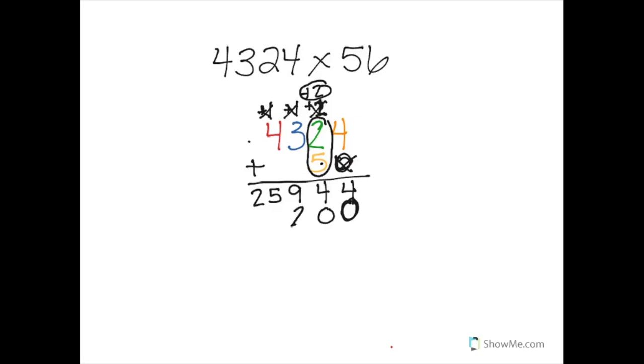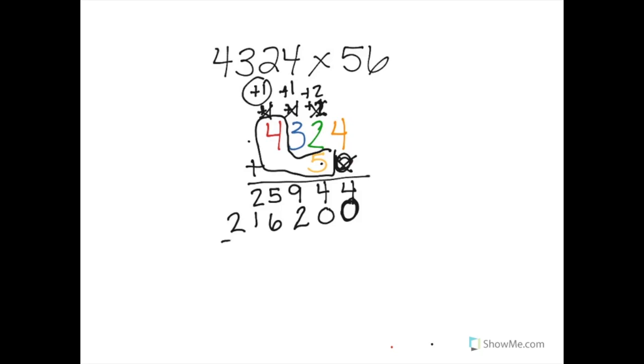So I'm going to bring down the 2, carry the 1. Now I'm going to do 3 times 5, which is 15, and add this 1, which is 16. Bring down the 6, carry the 1 to the next place value. Now I'm going to do the 5 times the 4, which is 20. Add this 1, which is 21.